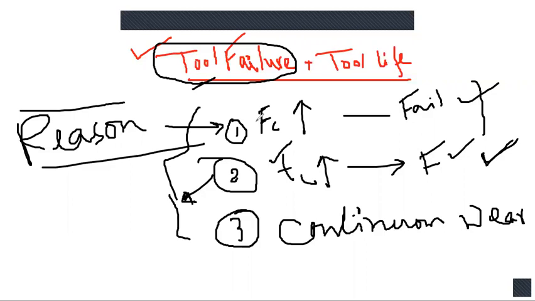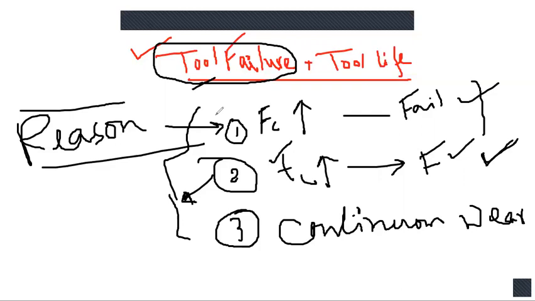and another point is tool material. If we have chosen the tool material which cannot withstand high temperature, high forces and wearing action, then tool become fail, because tool material depends on the purpose of tool to cut the job.